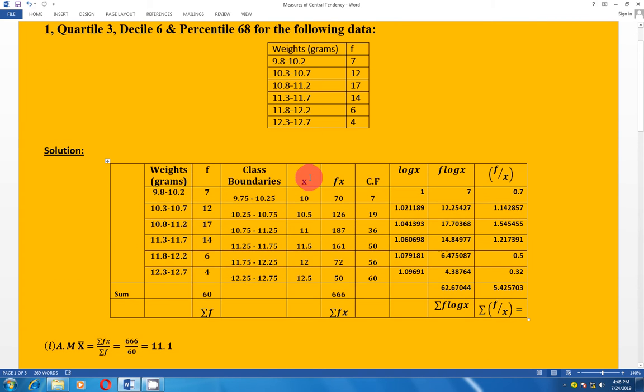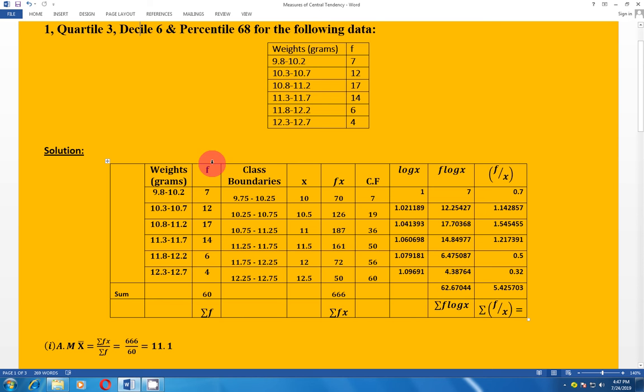But before going further, first of all we will calculate the class boundaries, because the upper limit of the first class and the lower limit of the second class are not equal. So how can we take the class boundary? We simply subtract these two values and divide the answer by 2. So 10.3 minus 10.2 divided by 2 will be equal to 0.05.